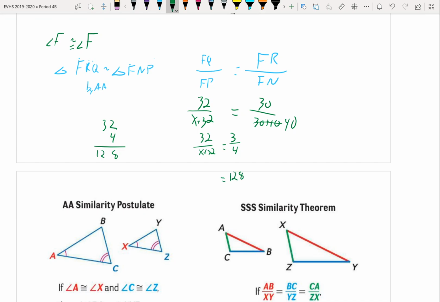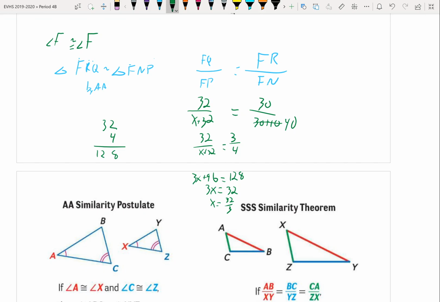And then 3 times X plus 32. 3 times X is 3x. 3 times 32 is 96. Now, subtract 96 on both sides, gives me 3x is equal to 128 minus 96, which is 32. Then we divide, and it gives me x equals 32 over 3, 32 thirds.